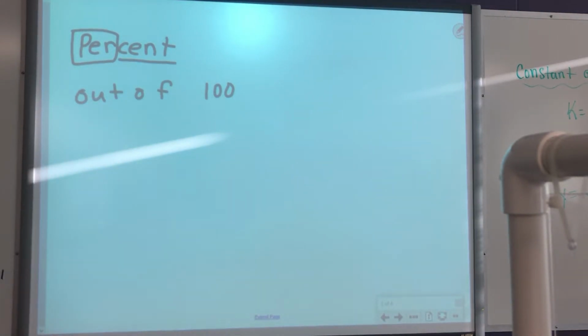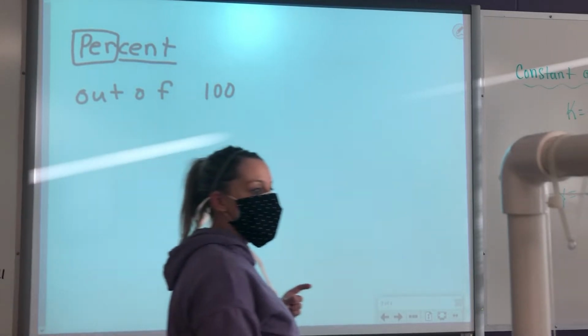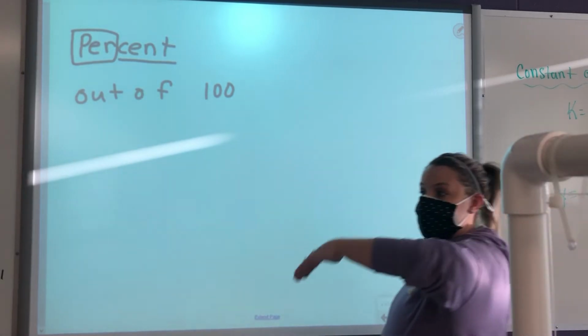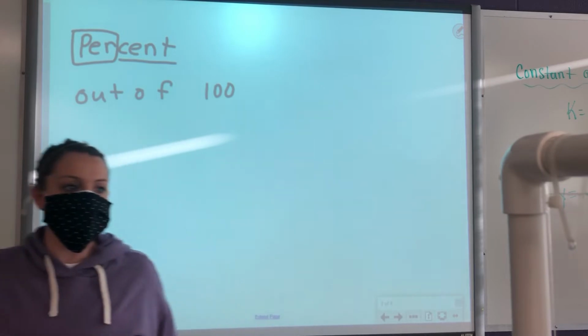Okay, so when we're talking about century, the root word of century is cent, C-E-N-T, which is how many years? 100 years. When we're talking about 1 cent, what are we talking about? A penny, and 100 makes a dollar, right?